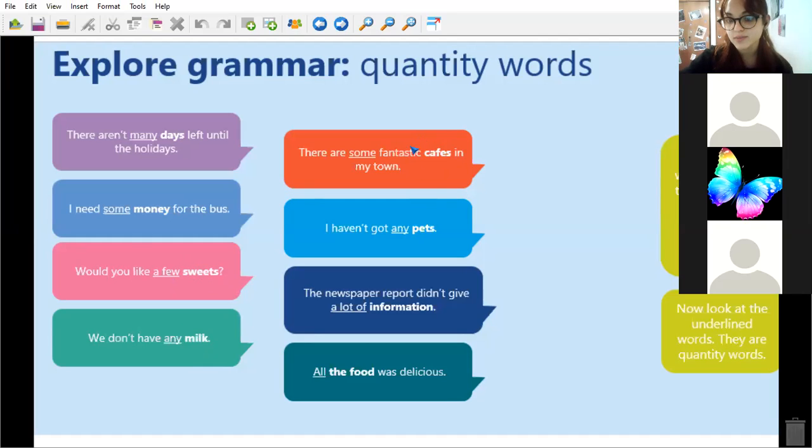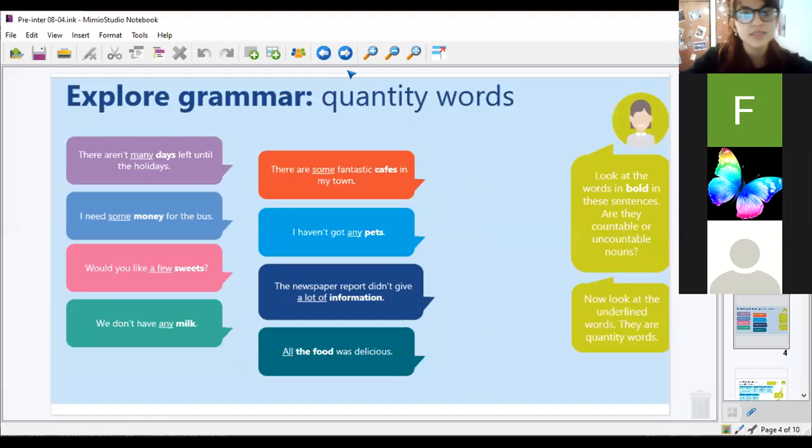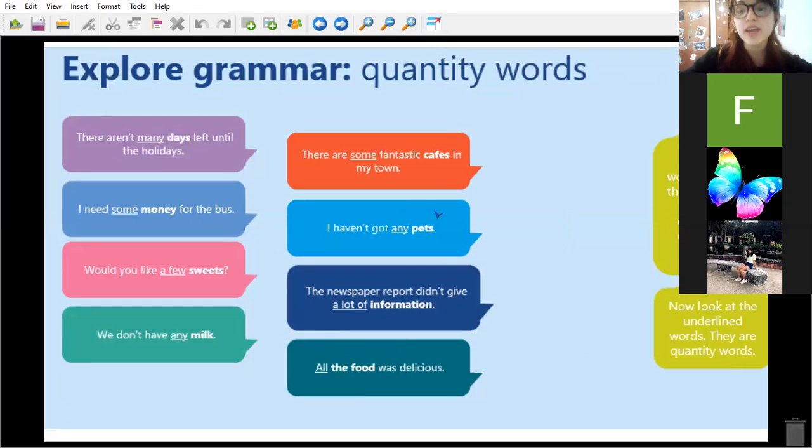Cafes, countable or uncountable? What's the difference between cafe and coffee? The coffee is what you drink, and cafe is the place where you go, like cafeteria, to have a cup of coffee.